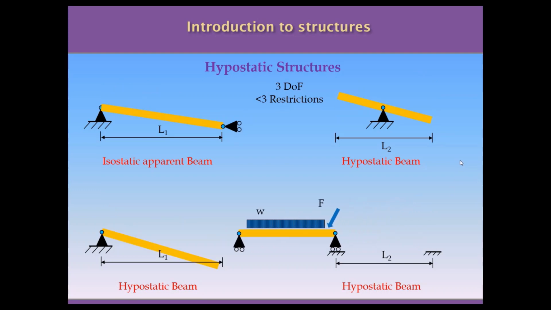This is the reason why these structures are called hypostatic, because hypo means less, so the 3 degrees of freedom are not all restricted. There is at least 1 degree of freedom that is not restricted, and the beam is able to move in the space.